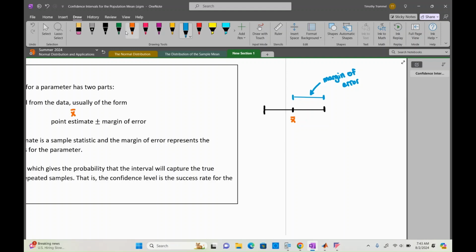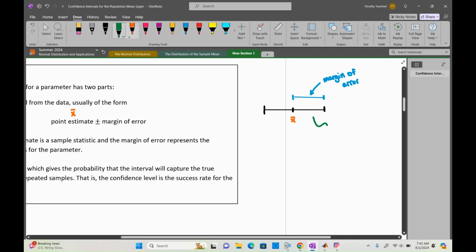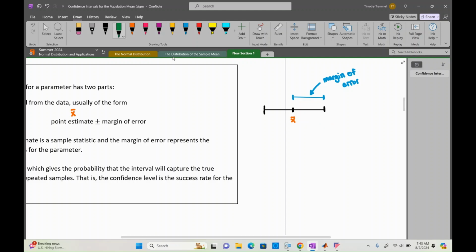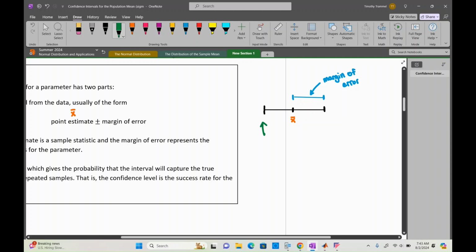Again, the goal is hopefully mu is somewhere in this interval. So it's a range of numbers. We'll have a lower bound and an upper bound for these intervals.